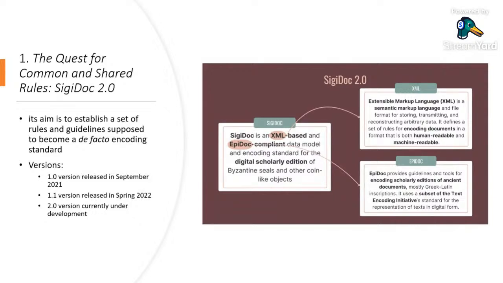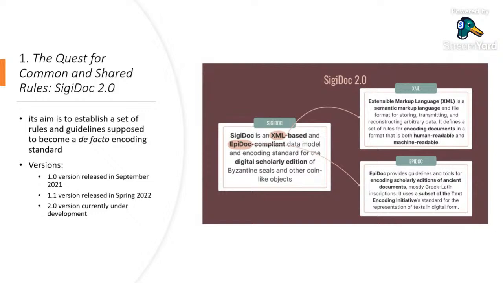So what is SigiDoc? If you are acquainted with EpiDoc, all this will be familiar to you. It's a data model based on XML, the Extensible Markup Language, which is very appropriate in order to store, to transmit, and to work on our material.